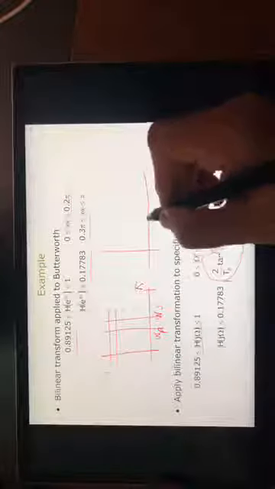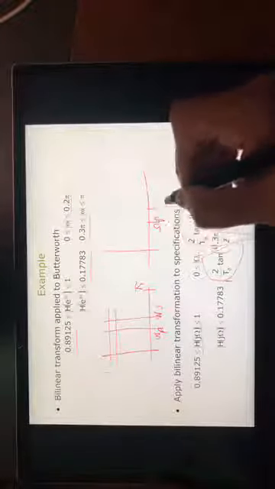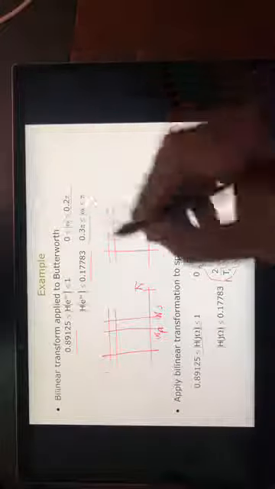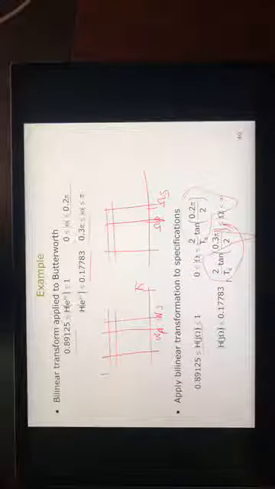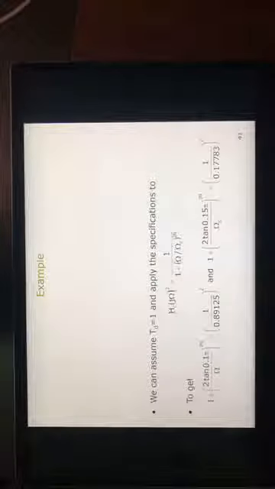You convert them into capital omega p and capital omega s. Okay, so these are the specs conversion, and you do that using the same mathematical formula.